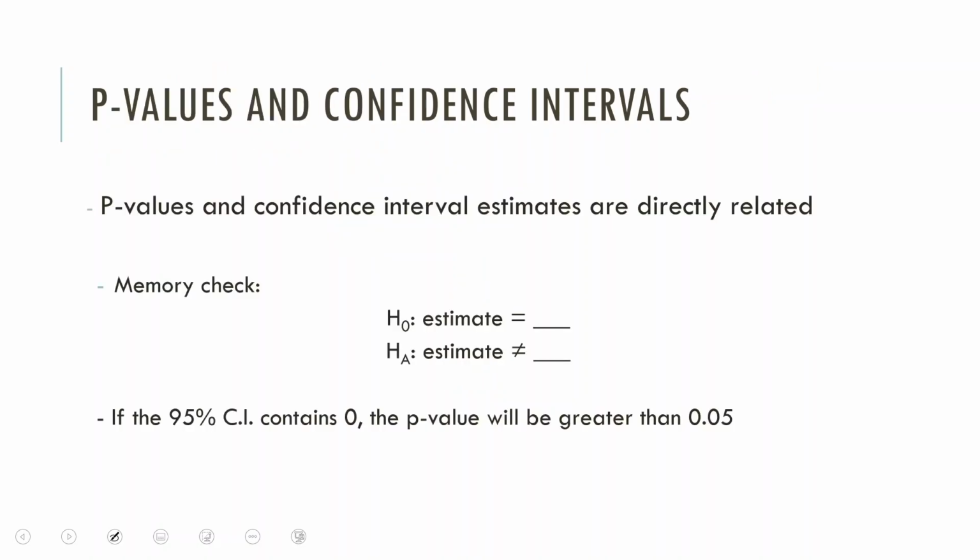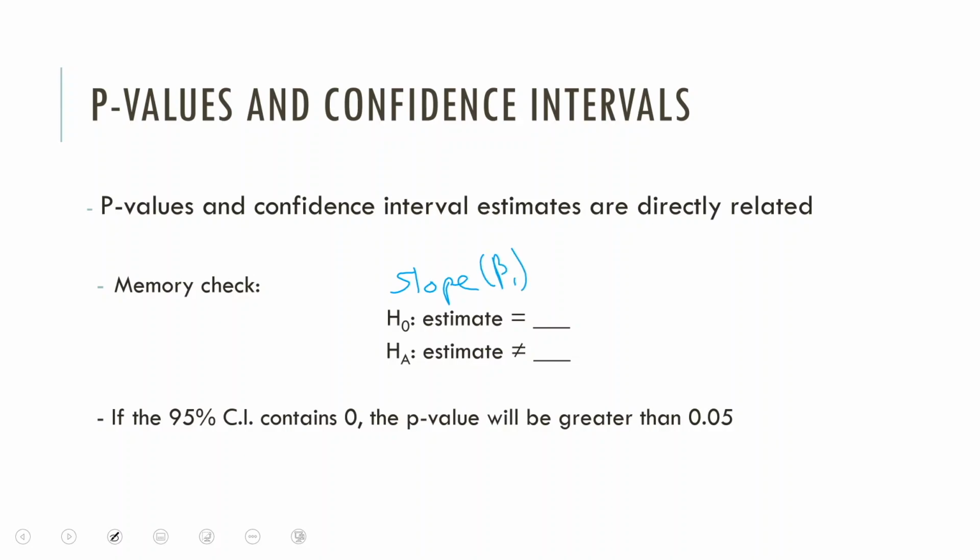All right. So let's do a quick review on p-values, and let's make sure that we understand how they relate to confidence intervals. I'm going to change this up just to make it a little bit more specific. We're going to look at the beta 1 estimate.